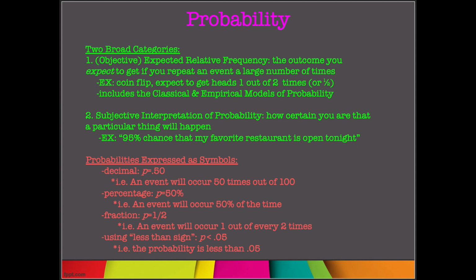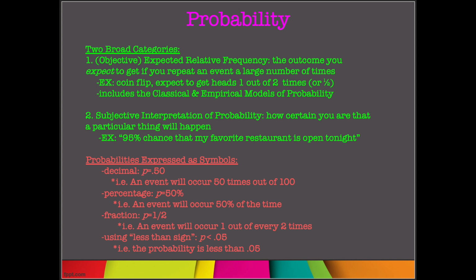Or you can use the less than sign, which is the whole point of this chapter and everything we're working up to, but we'll get to in chapter 7 and 8. In inferential stats, we're going to be using this bottom one here, presenting the p-value, giving a less than symbol a lot.